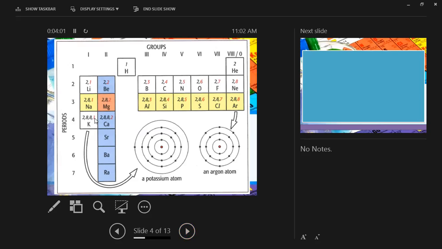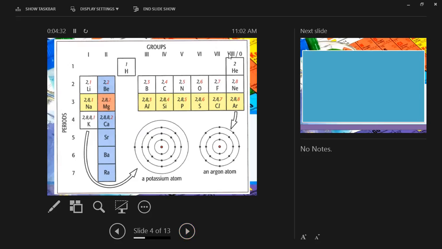Understand now? Now another example, argon, Ar here. How many electrons in total? 18. 2, 8, 8. So this red one, how many last shell electrons? 8, isn't it? So you can see in the periodic table where they put argon, in group 8.